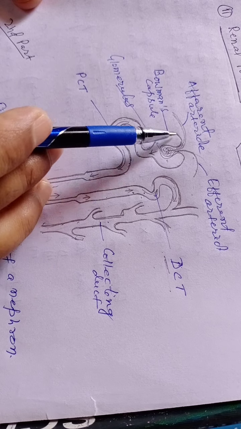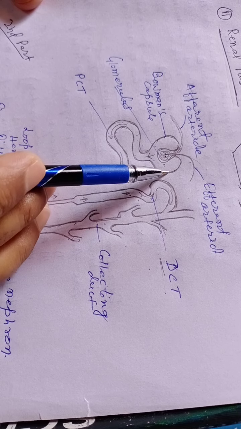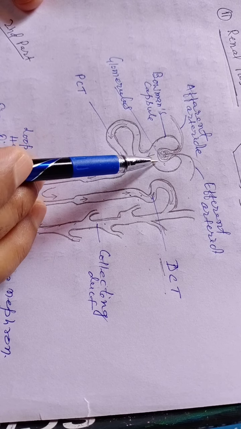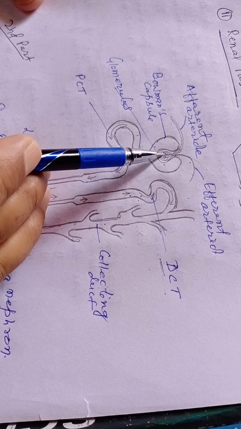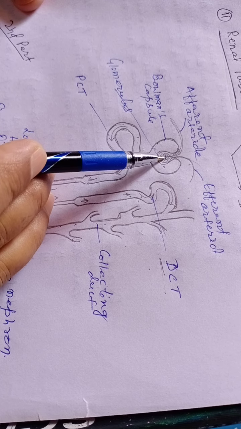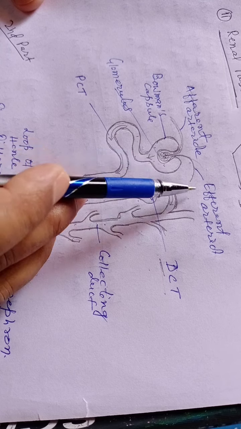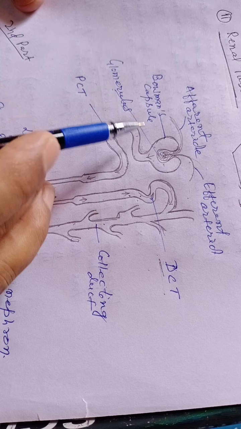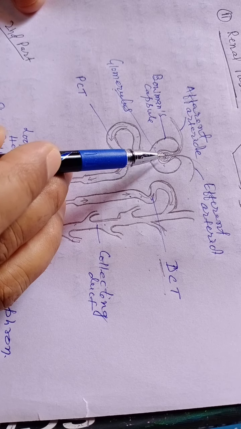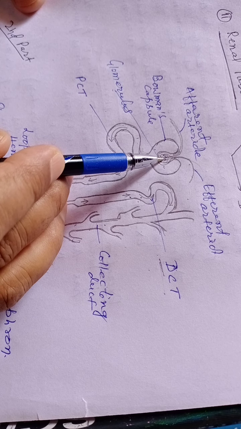Here a cup shaped structure that is called Bowman's capsule. Within there is a groove where fine network of blood vessels are there. It is called glomerulus. This is your glomerulus, and here the main filtration work takes place.